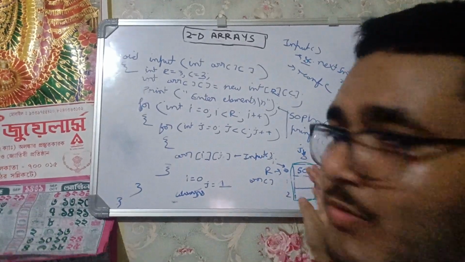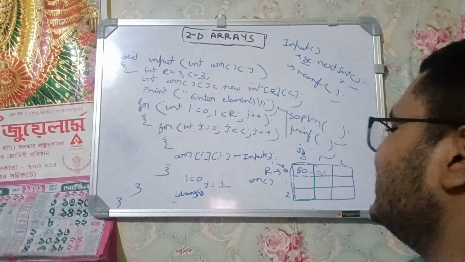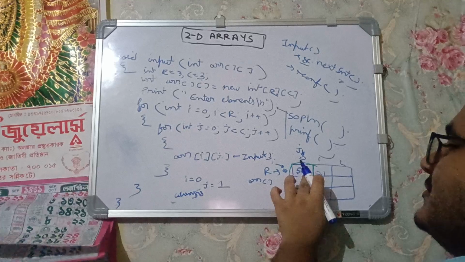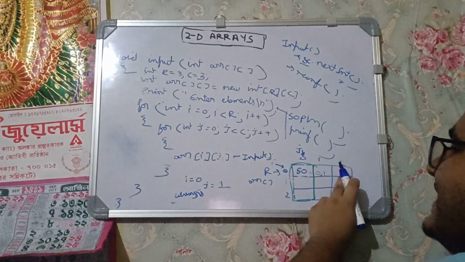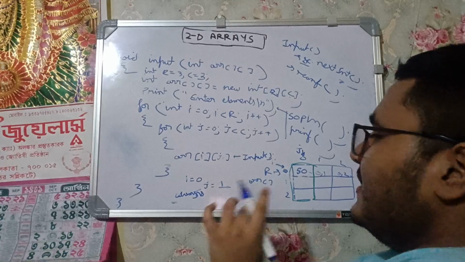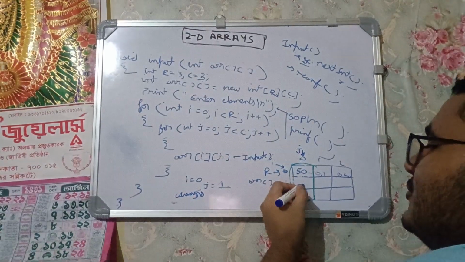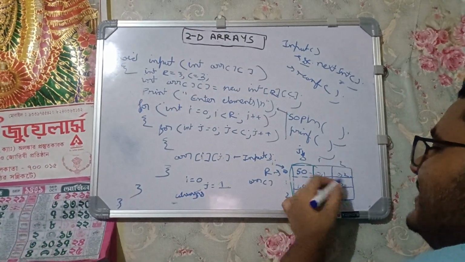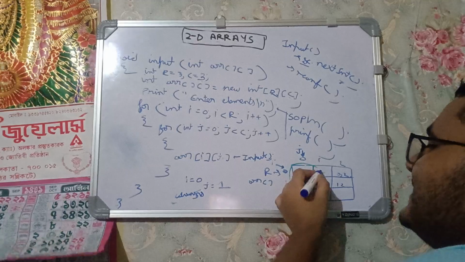Now you can understand it very clearly. This is 0 0, this is 0 1, then 0 2, and from here it again starts with 1 0, 1 1, 1 2, in this way. Say after 50 I take 60 here.